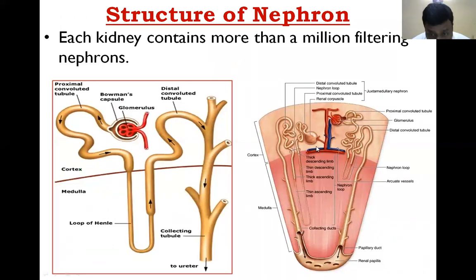The nephron structure contains different parts: the glomerulus, Bowman's capsule, proximal convoluted tubule, loop of Henle with ascending and descending limbs, distal convoluted tubule, and collecting duct. This is the structure of the nephron.